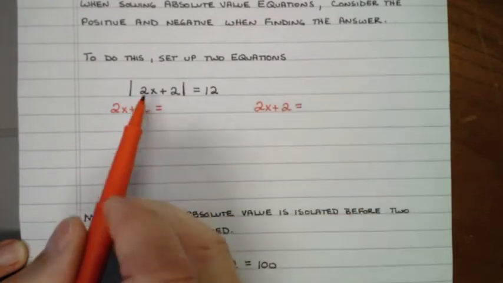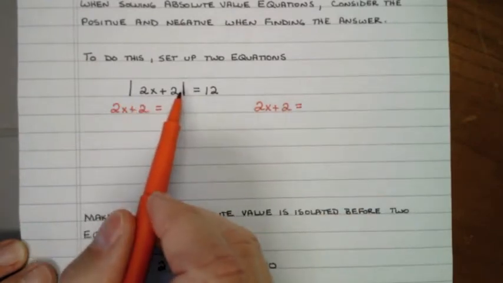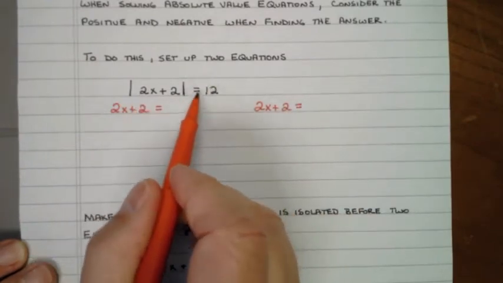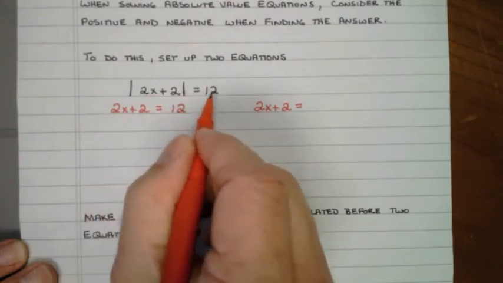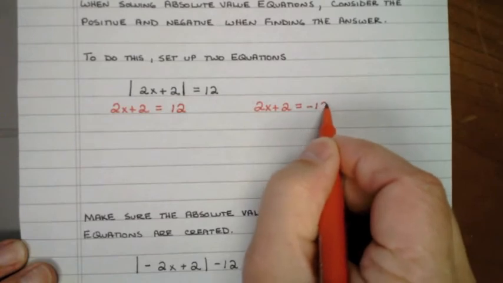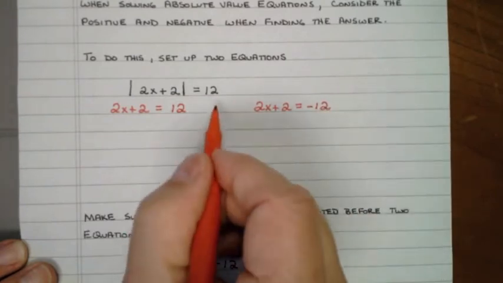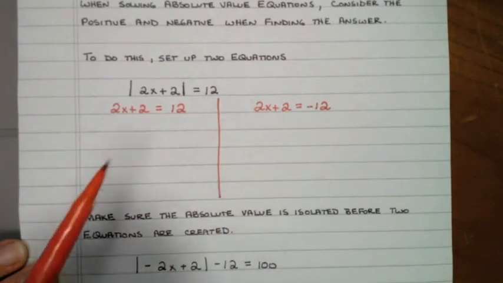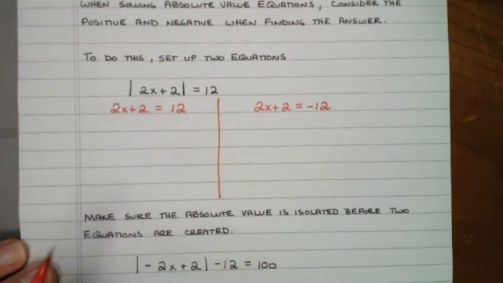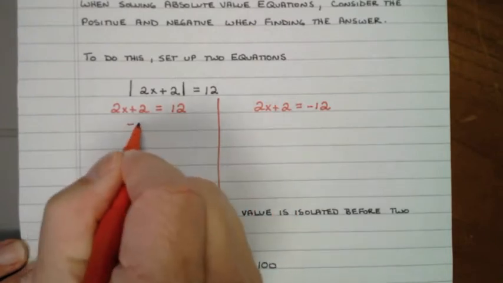I don't change what's inside this absolute value. And I'm going to take this number out here. I'm going to write it down once as being positive, and then I'm going to write it down once as being negative. That's how I create the two equations I'm going to solve that's going to get my two answers for x. I solve both of these equations.